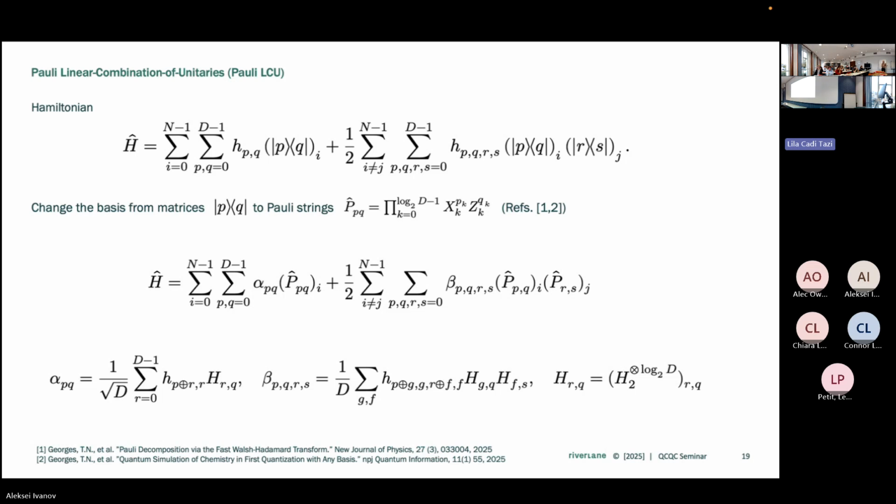Is it still a symmetric matrix? And the answer is no, but it will be sparse. The symmetry of your original Hamiltonian will correspond to sparsity in a Pauli basis. And we showed it actually in this first paper, but we didn't study more generic symmetries.